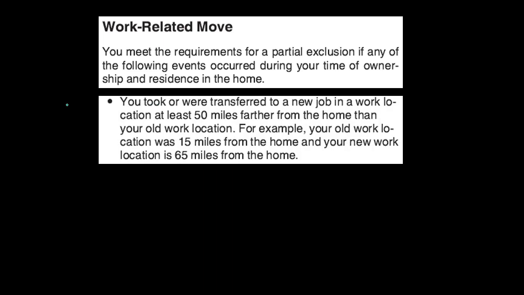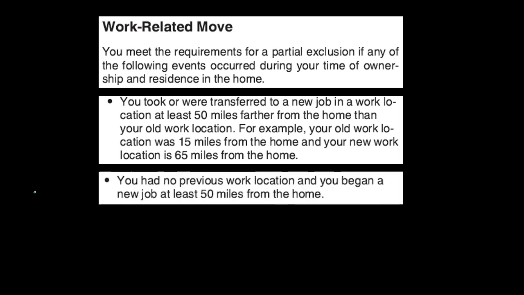Work-related move. You meet the requirements for a partial exclusion if any of the following events occurred during your time of ownership and residence in the home. You took or were transferred to a new job in a work location at least 50 miles further from the home than your old work location. For example, your old work location was 15 miles from your home and your new work location is 65 miles from the home.